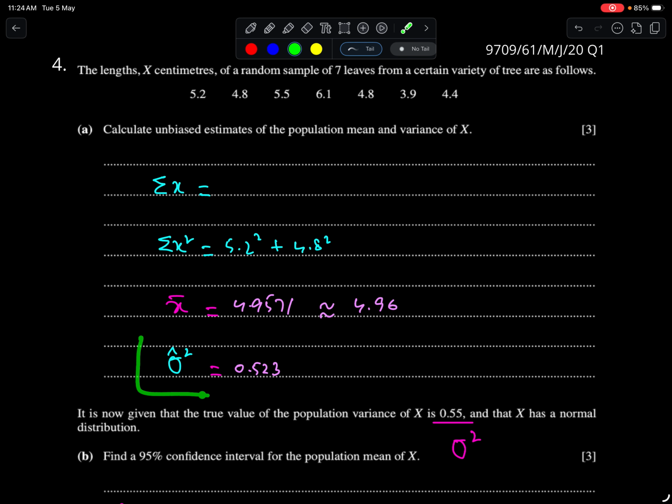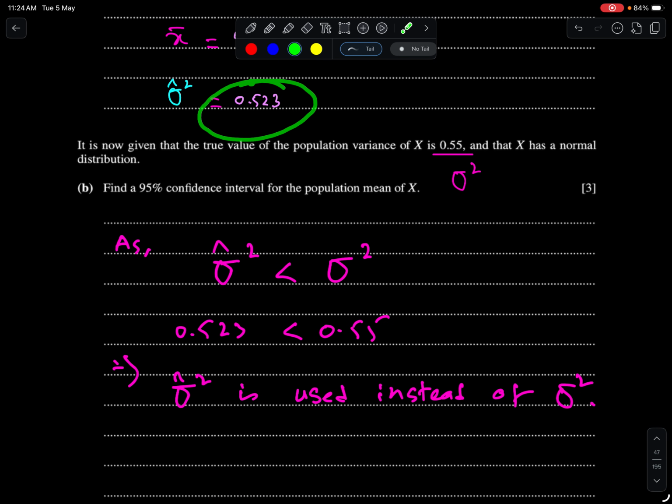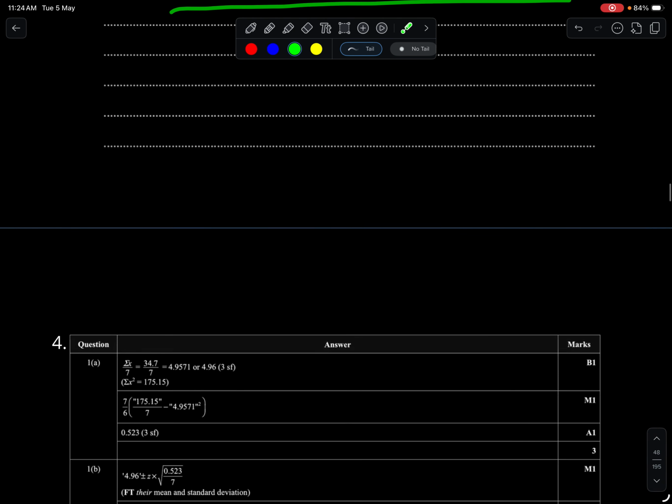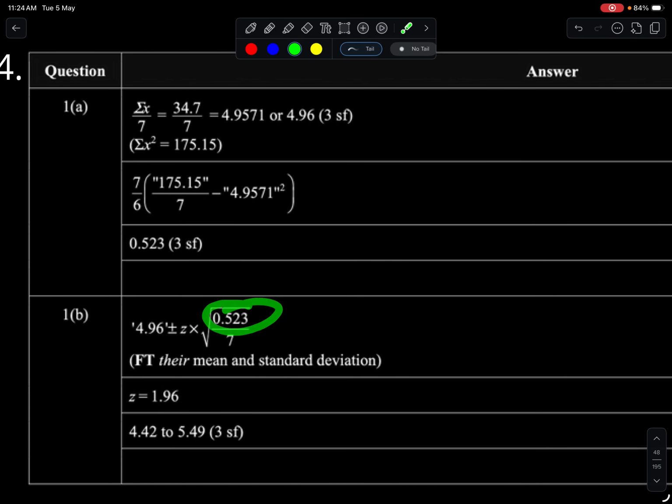See, this one is smaller and this one is larger. So in the later part, we would use this, 0.523.